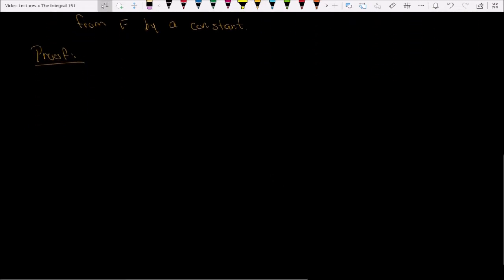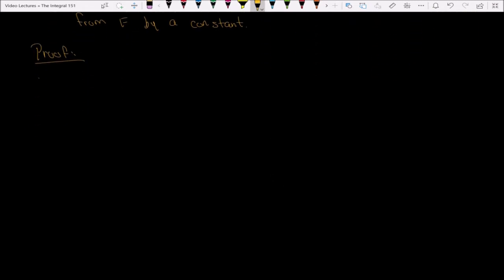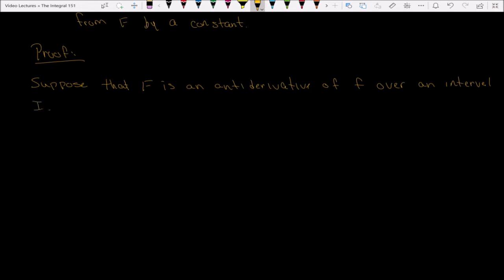Suppose that F is an antiderivative of little f over an interval I. By definition, that means that F prime of x is equal to little f of x.